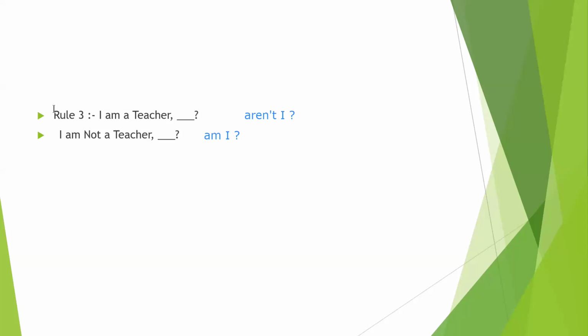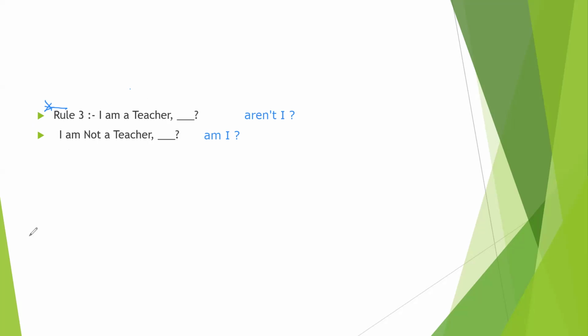These are two very important cases. Many times these questions are asked. Rule three is mostly asked in questions: am becomes aren't I, or am not becomes am I. These are two particular cases.